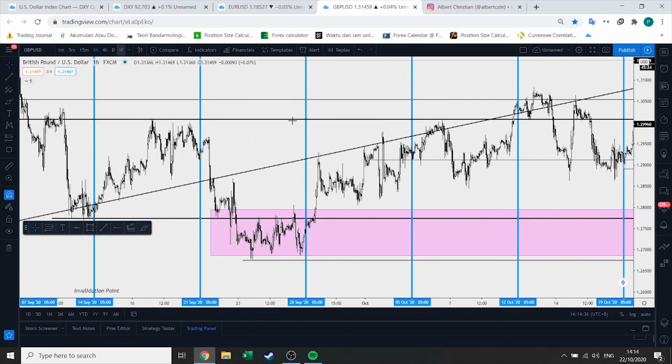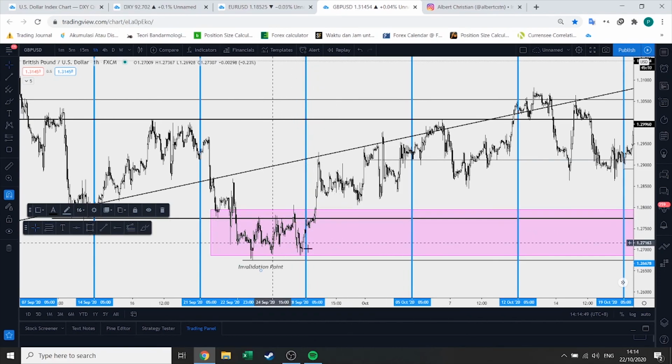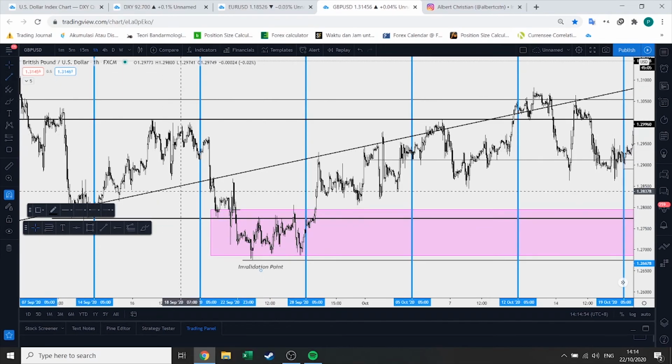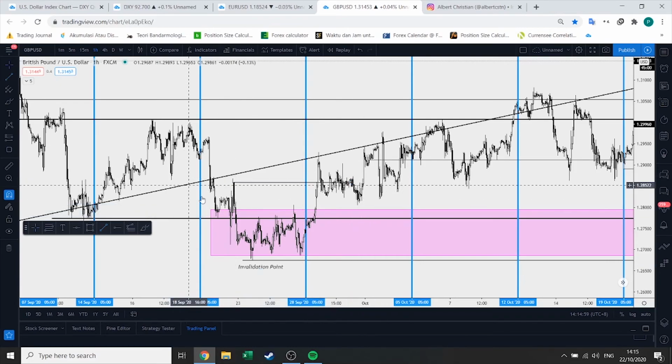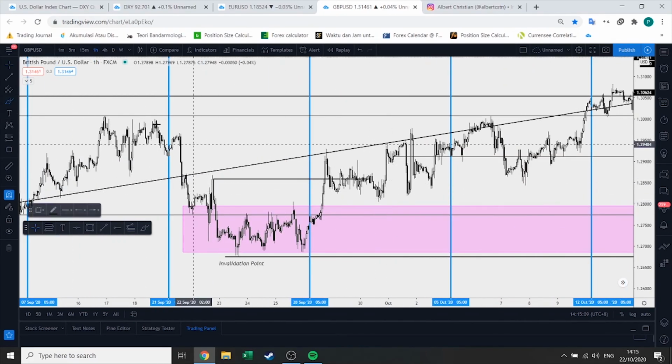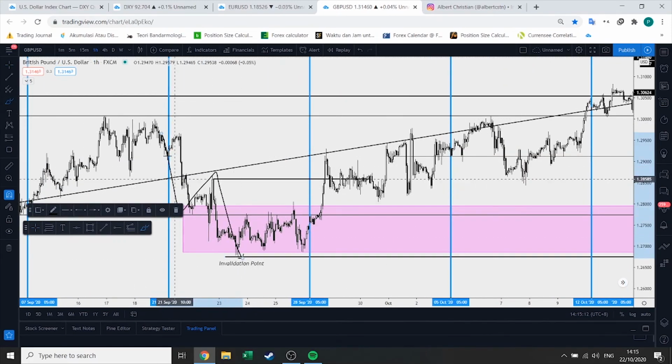So after it broke down, how do I know it's manipulating orders here? And this is my invalidation point because I know their average of buy orders are in this zone. How? It's simple. After you see an opposite move with the retail minds, you need to see a break in market structure, right?